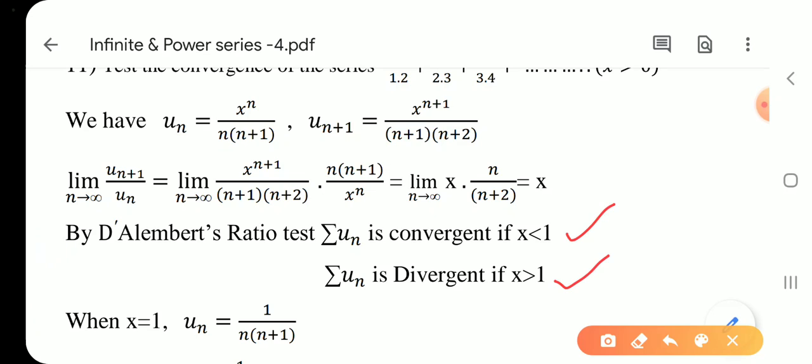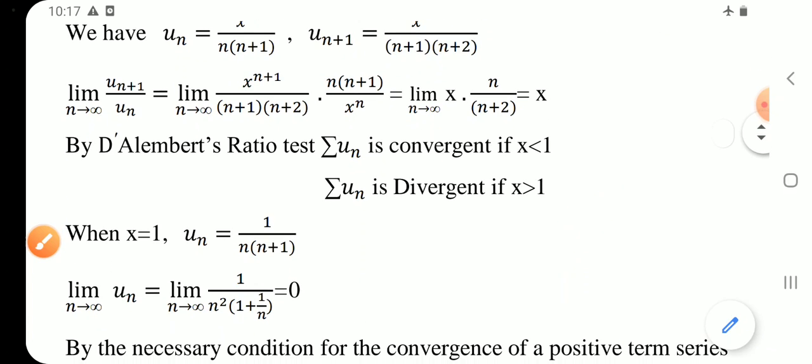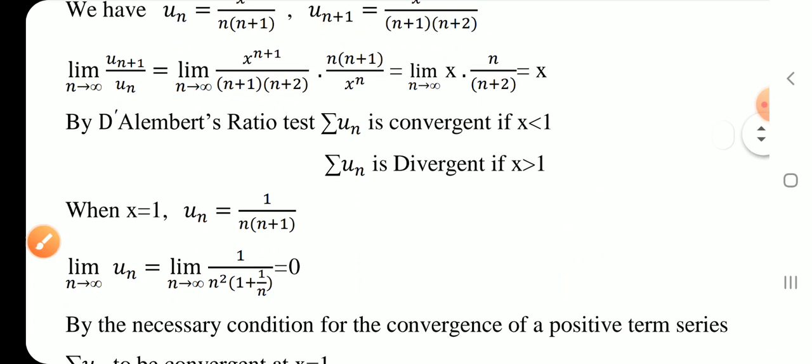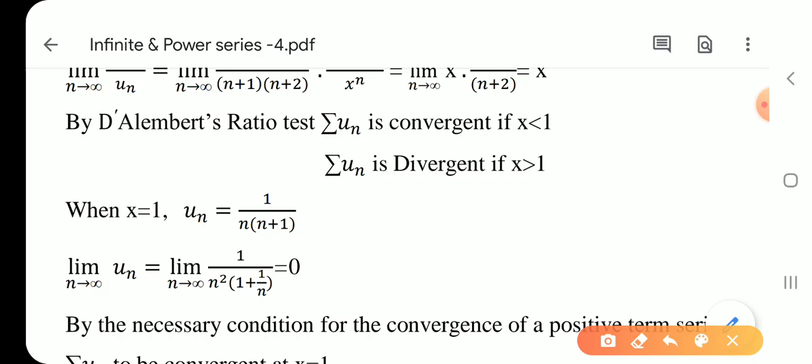Let us see what happens when x is equal to 1. Since it is a positive series, when x is equal to 1, here in un if I put x equal to 1, 1 to the power n is 1, so 1 by n into n plus 1. Let us apply the limit: limit of un as n tends to infinity of 1 by n into n plus 1.